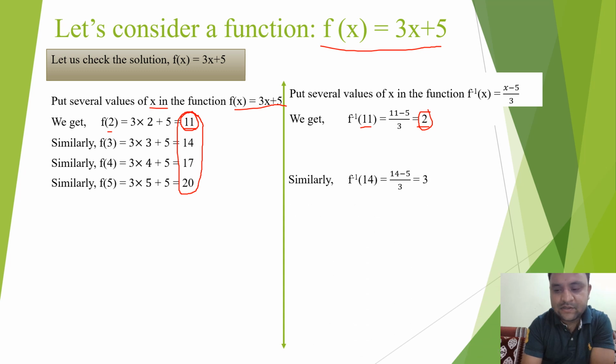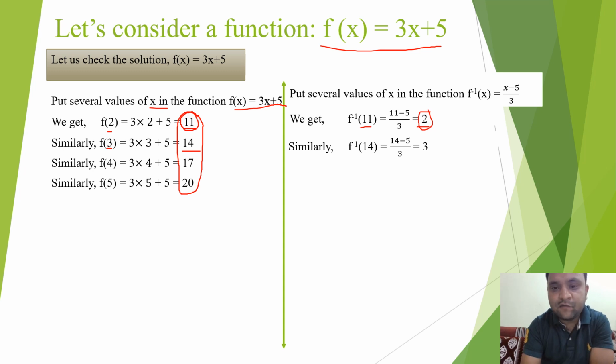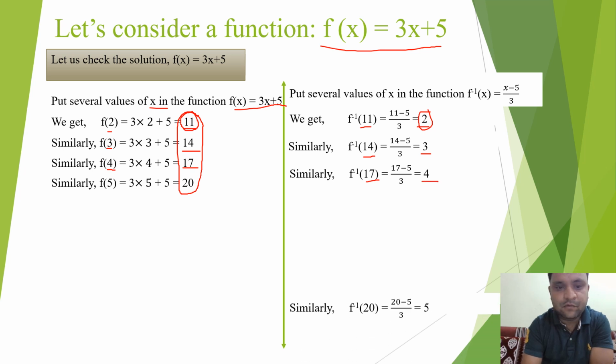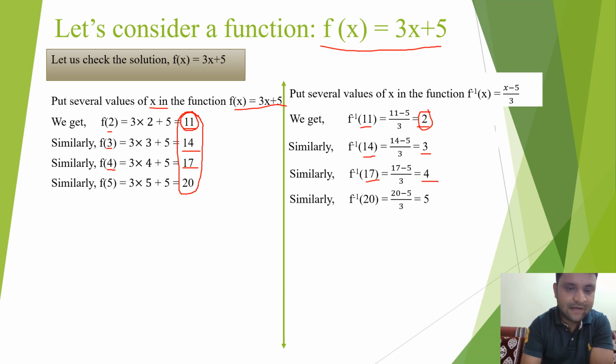Similarly, when we had kept x equal to 3 in the original function, that had given us 14, and when we put 14 as an input in the inverse function, that gave us the original value of x, 3. The same here: 4 was the input, 17 was the output in the original function, and in the inverse function 17 is kept as an input and the same 4 was obtained as an output. Same for 5: in the original function that had given us 20, and when we keep 20 in the inverse function, that gave us 5.